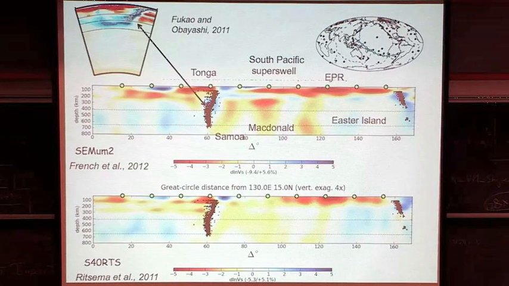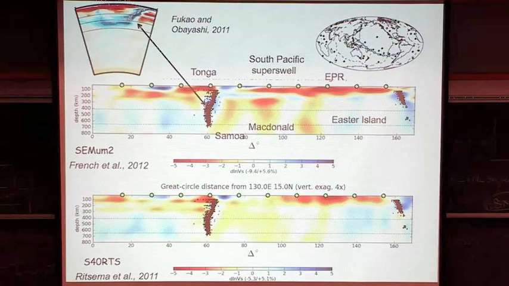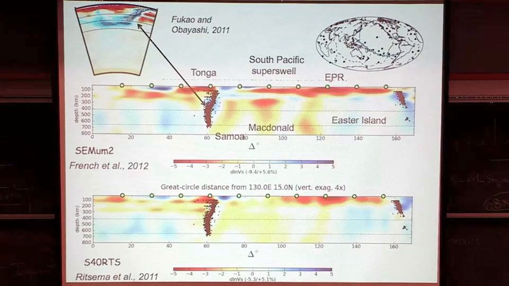But again, I don't want to spend too much time. You can see the subduction zones start to be a bit better resolved. And if you compare this one with this one, you can see this trend of, I don't want to say ponding, but what was the word, in the transition zone and a little bit below.